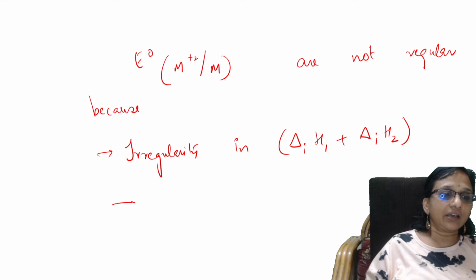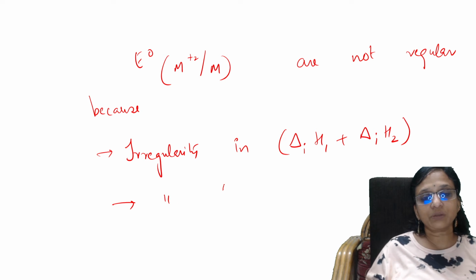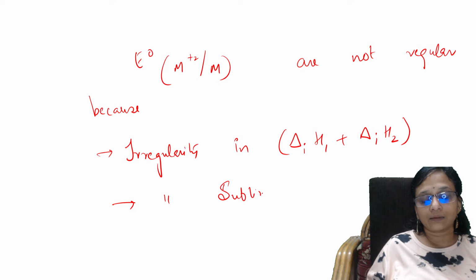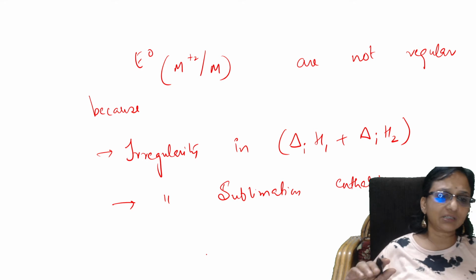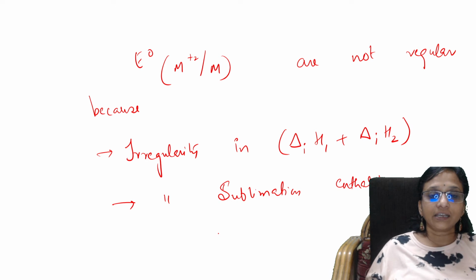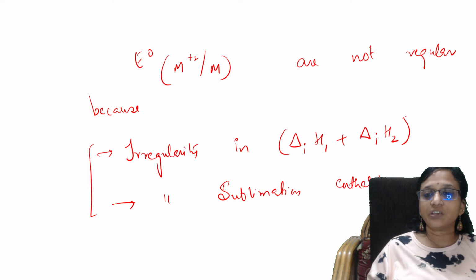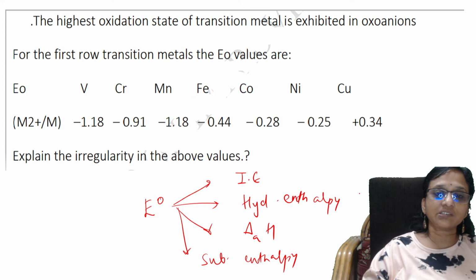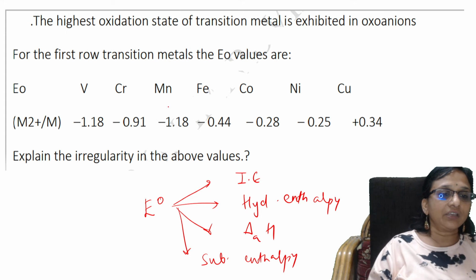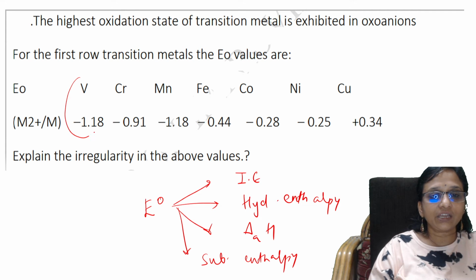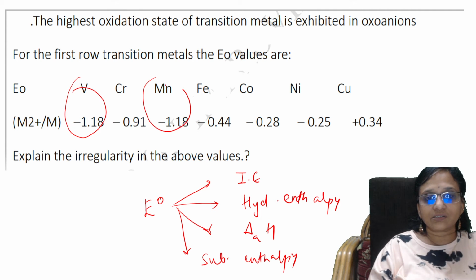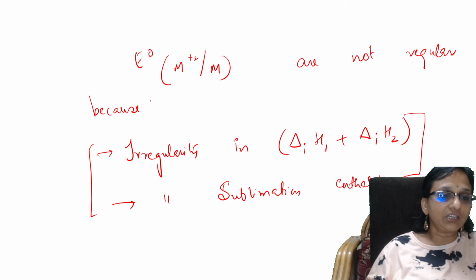There is also irregularity in sublimation enthalpies. Don't remember the table, but this is enough. Because of these two factors, where is the variation more observed? Not less observed, rather, in the case of vanadium and manganese.